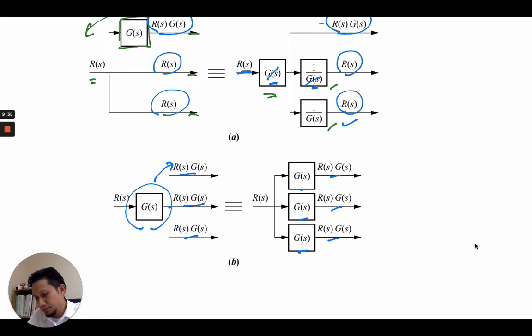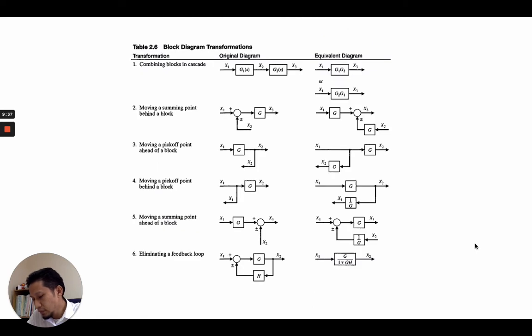Okay, next one. This is the block diagram transformation table, Table 2.6 here. So you can refer to this table to help you answer the questions. Okay, so number 1 is a very simple one.